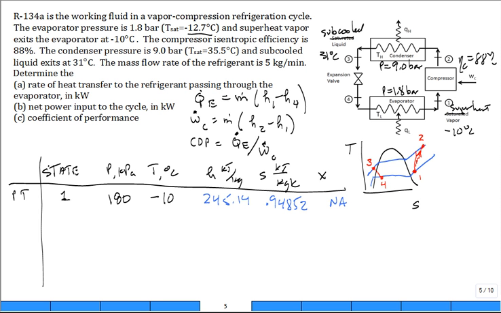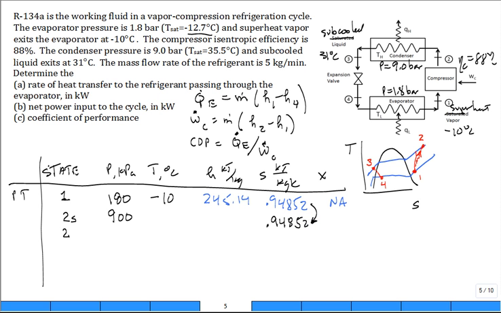How about now state 2? Well, we do it in a two-step process. First go to 2S and then to 2 actual, true? So we know that we go all the way to 900 kilopascal and the entropy is 0.94852. See that?